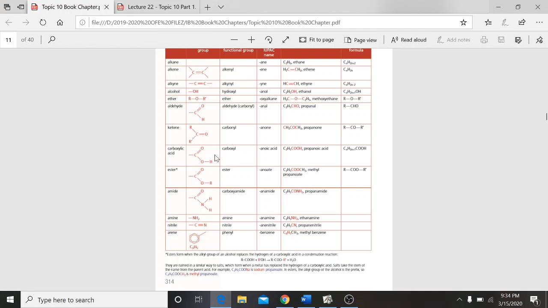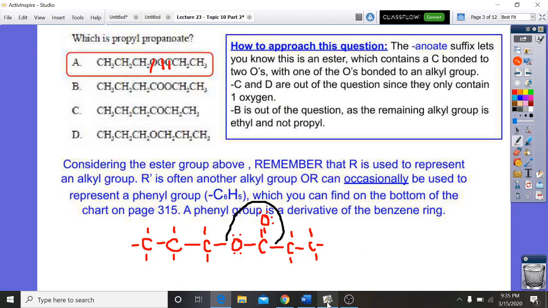If it's a carboxyl, then the single bonded O should be connected to an H. If it is an ester, then the single bonded O should be connected to an alkyl group. So let's look at ours. Our single bonded O is bonded to an alkyl group. This here is propyl.